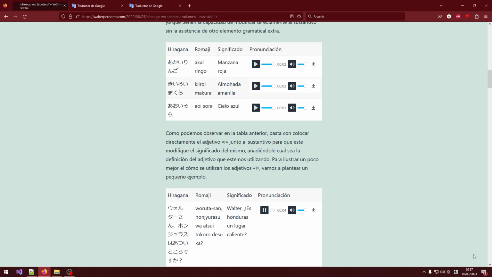ウォルターさん、ホンジュラスは暑いところですか？ So atsui, now it's good because the article is in Spanish, so you have no English translation, so it's a good method to, I don't know, like a test or some kind of quiz.